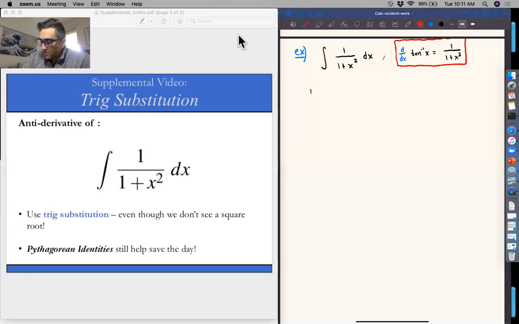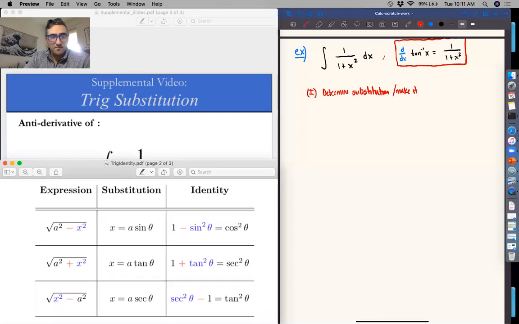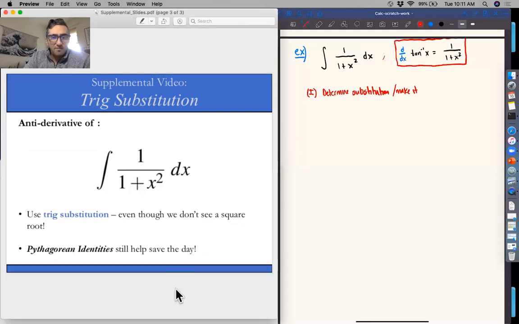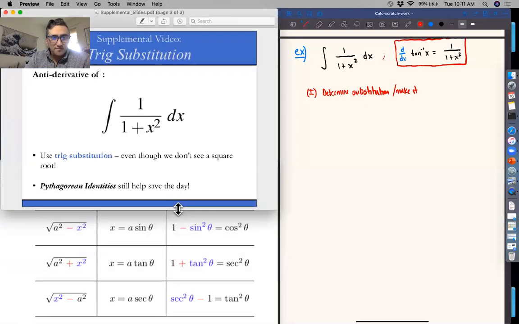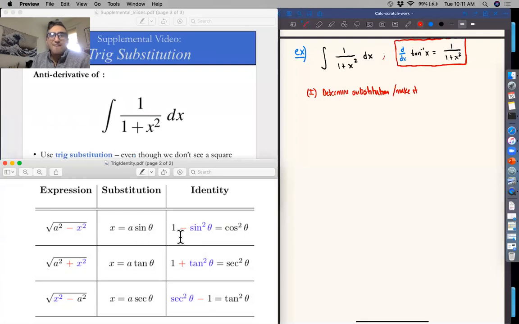The first thing we get to do is determine the correct substitution, and then make the substitution as well. So let's take a look at our possible substitution options. What we see from this integral is we have this 1 plus x squared type term.